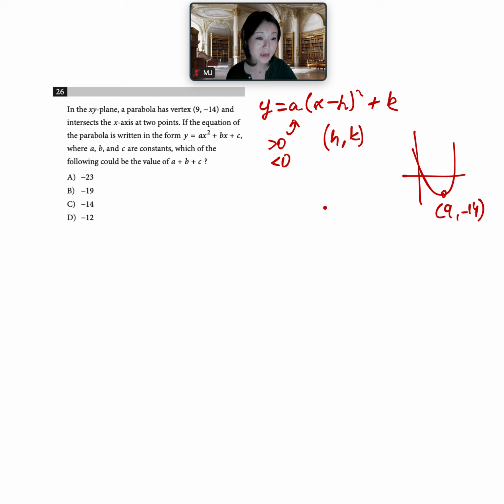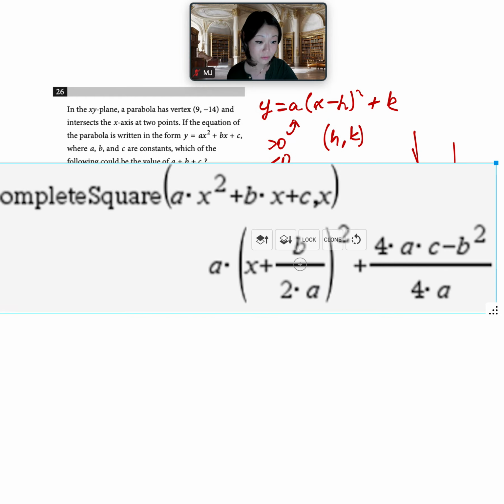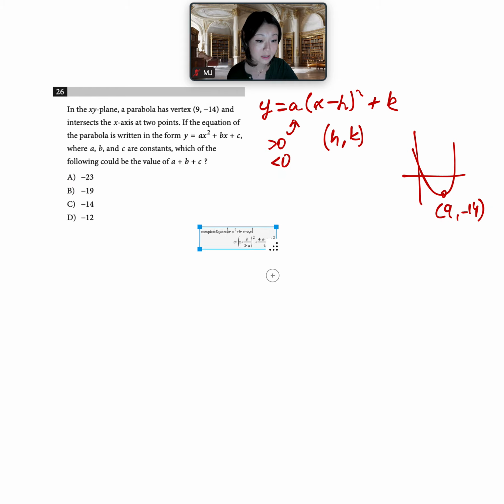There's one function on the TI-Nspire called menu 3.5, and menu 3.5 is effectively going to complete the square so that it can change the equation from standard form into vertex form for you without you doing the grunt algebra work. I've already done it, and this is the result. So it looks like this.